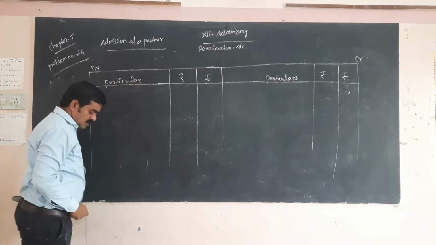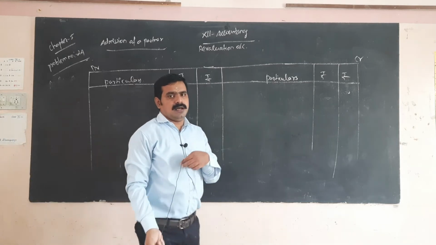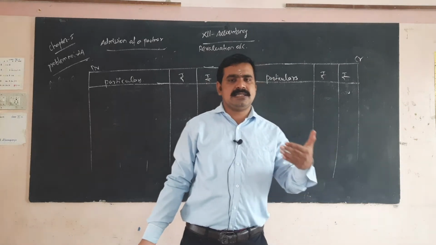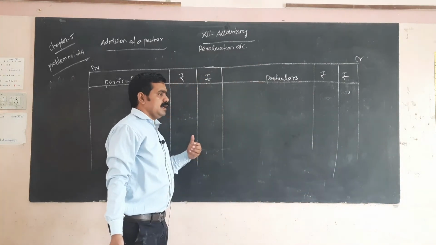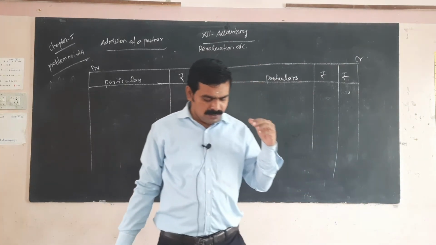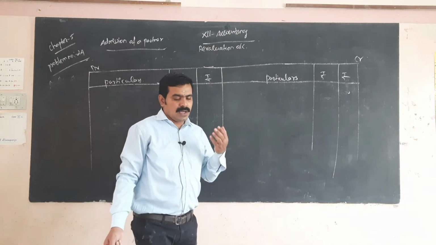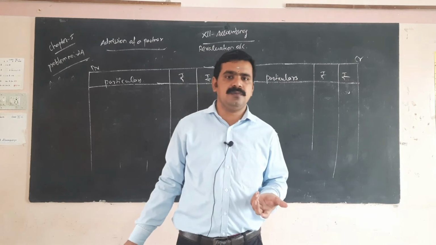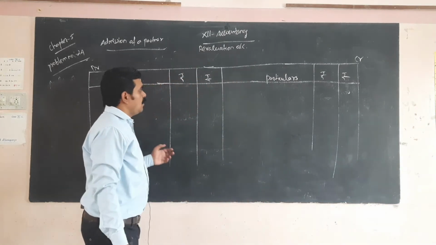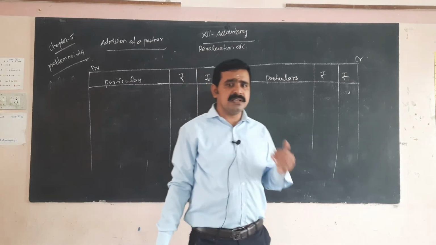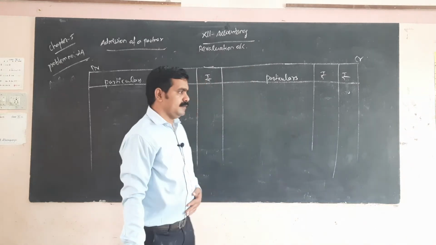We already showed one, already discussed, that is the steps: what is the reduced value, what is the increased value, what is the appreciation value. This is the very important thing in the debit side and credit side.